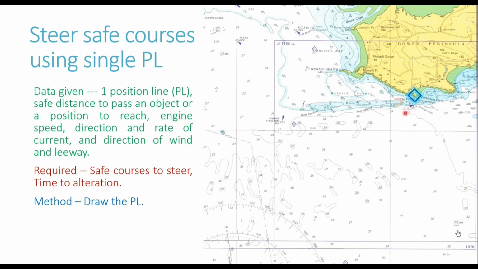You can see this diamond on the chart. So they have given us the bearing of this particular object. So let's plot the bearing which is given. So you can see the bearing line plotted here.